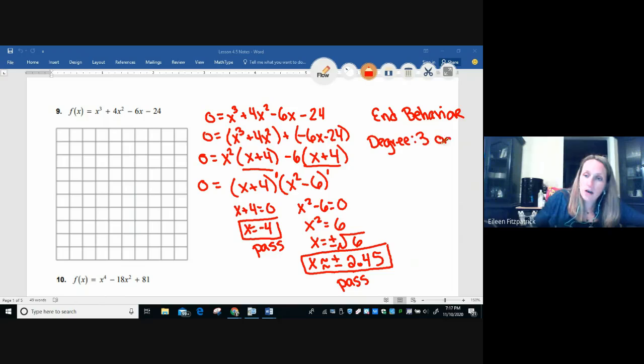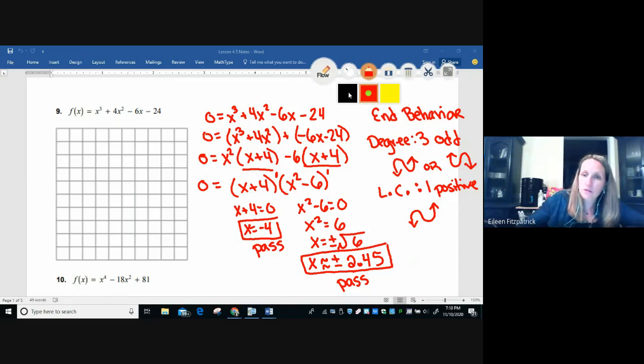When I have an odd degree, I know that I have one arm up, one arm down. So it's one of these two. My lead coefficient is a 1, which is a positive 1. So just like a positive line, if I take this arrow, stretch it that way, take this arrow, stretch it that way, it would look like a line with positive slope. So this is the shape of my graph.